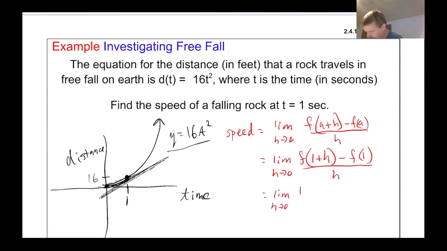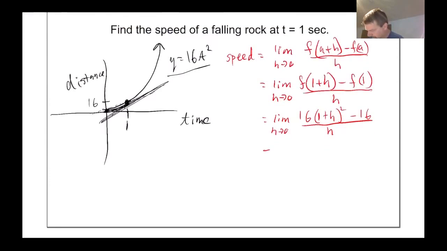Instead of 16t squared, it'd be 16 times 1 plus h squared, minus, plugging a 1 in, 16 times 1 squared is 16. And we just keep going. Square that out.